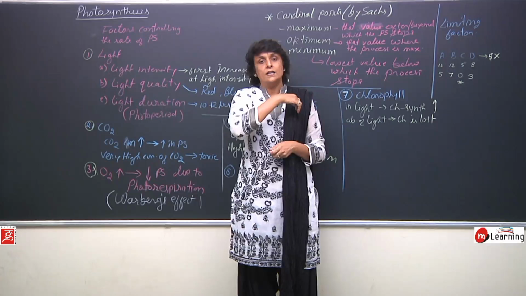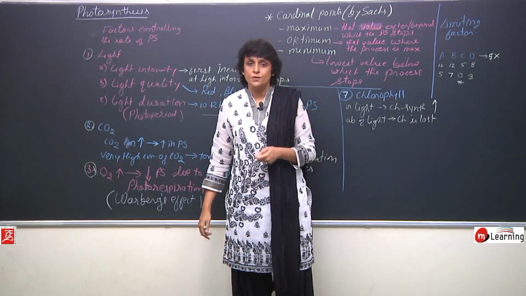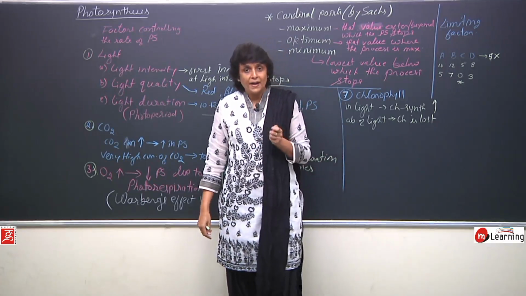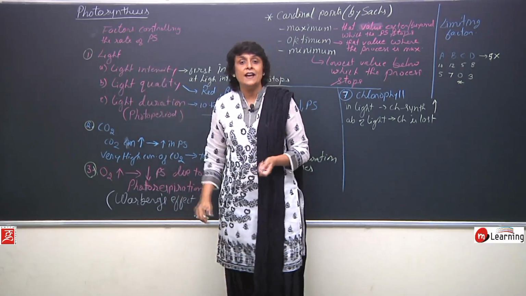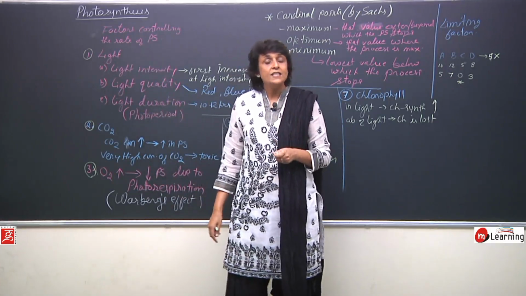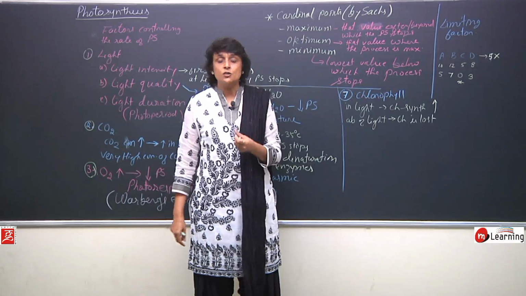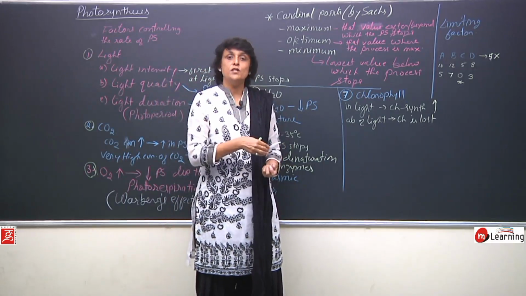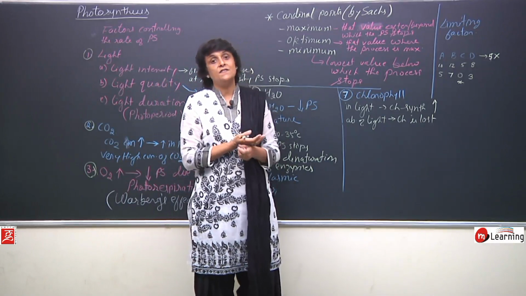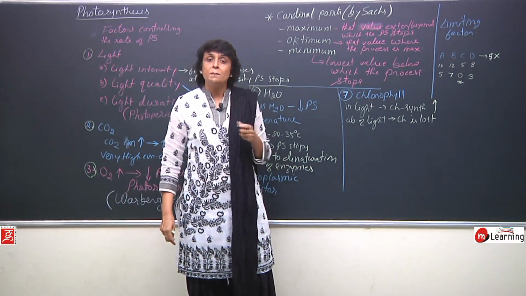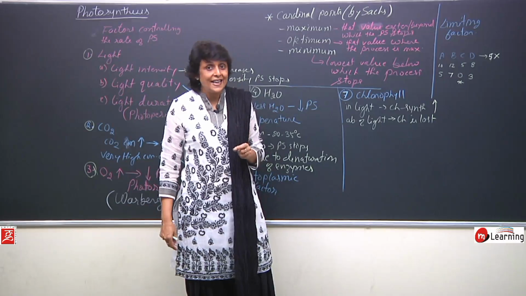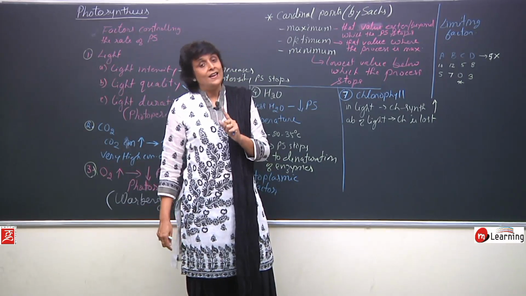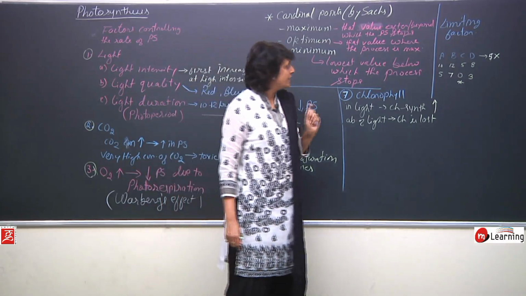We know that there is plenty of sunlight which is available to us. But light is a limiting factor in areas where we have dense forest, where there is a thick canopy and the light which is penetrating on the ground is very, very less, or the plants which grow in shady areas. So there light becomes a limiting factor.